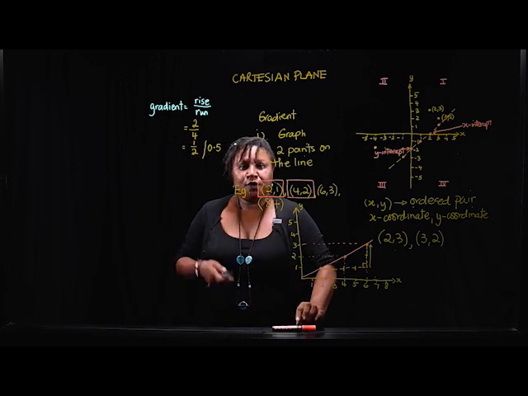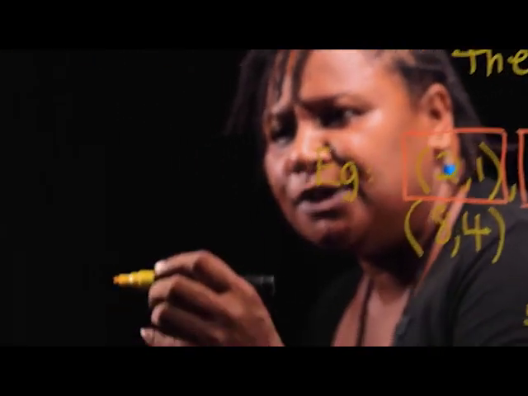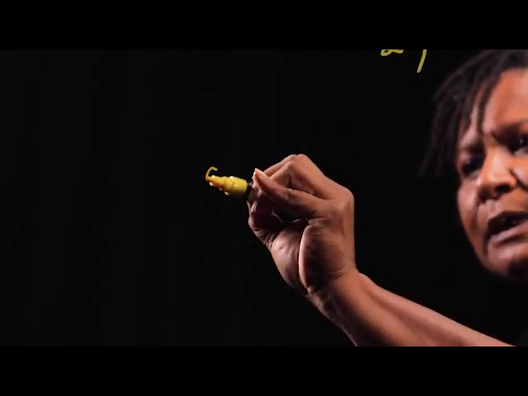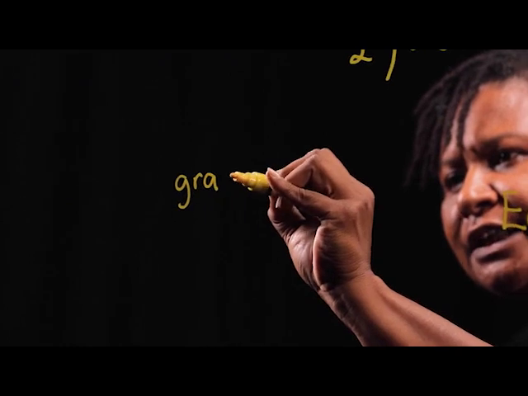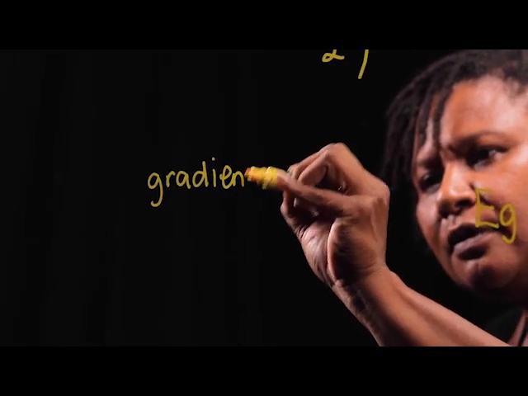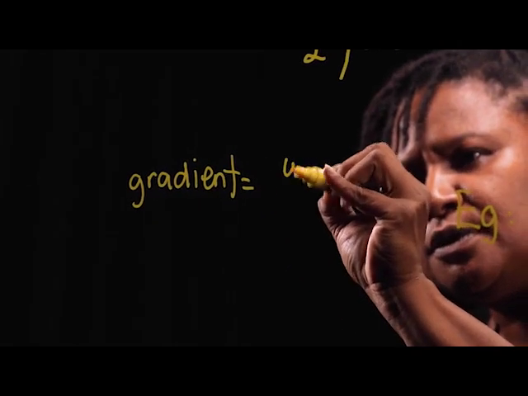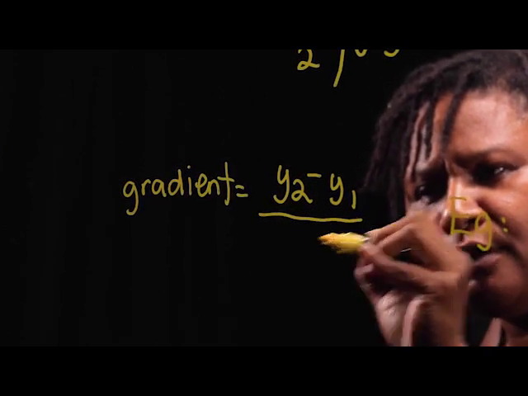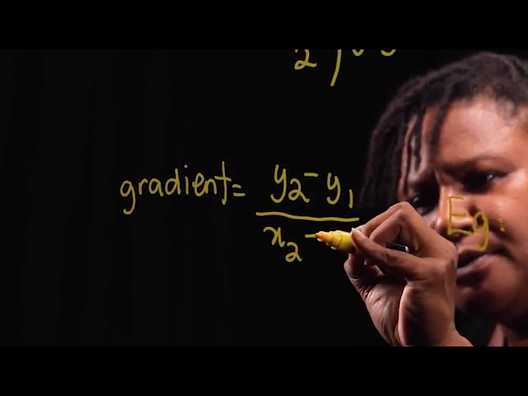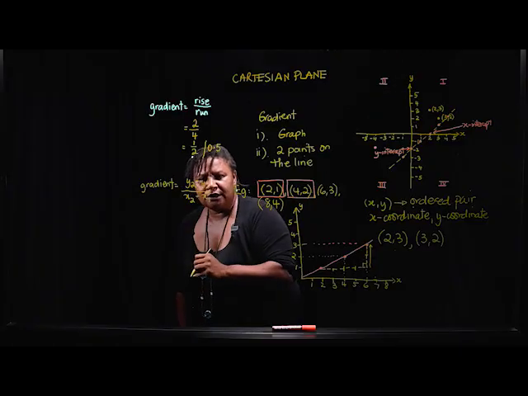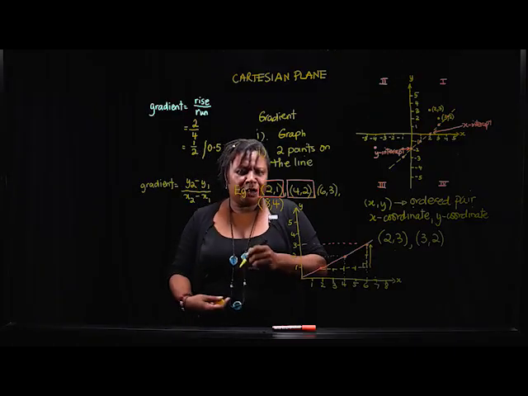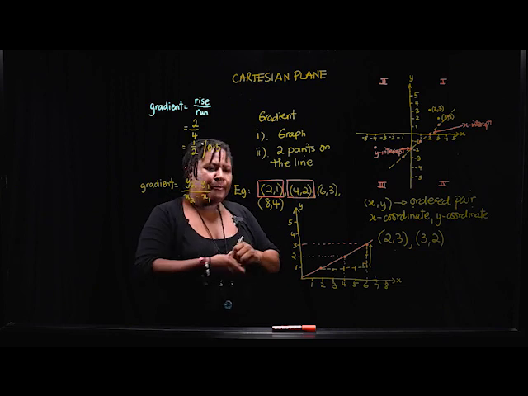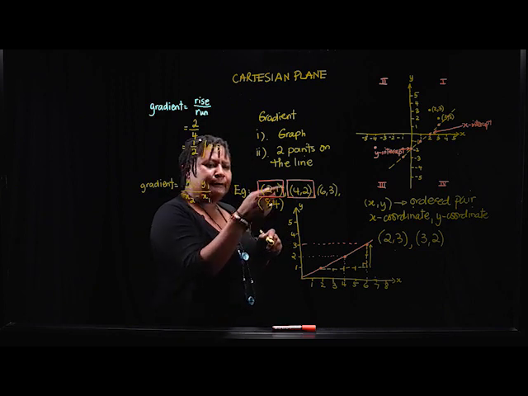All right, so the formula given for using 2 points is gradient equal to y2 minus y1 over x2 minus x1. Now, where is y2 and where is y1? You might be asking. Go back to your coordinates here.